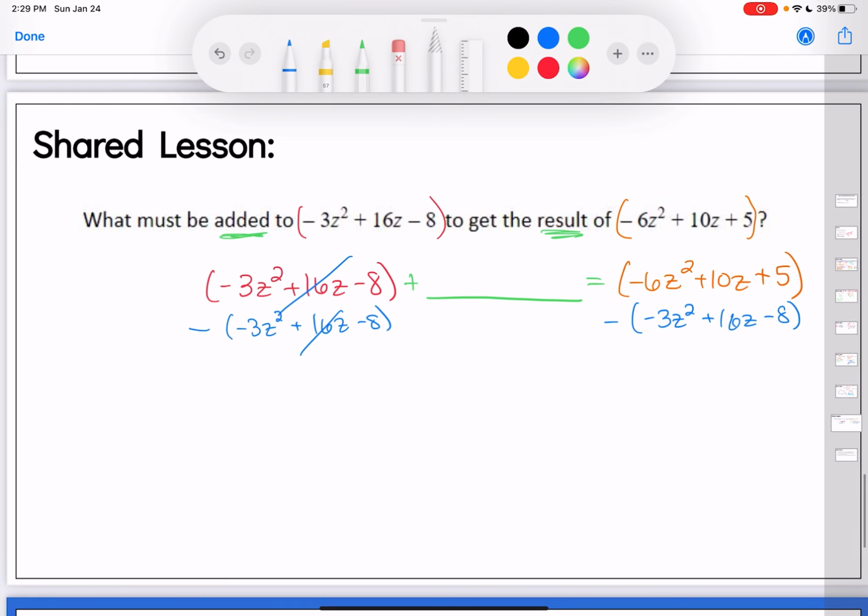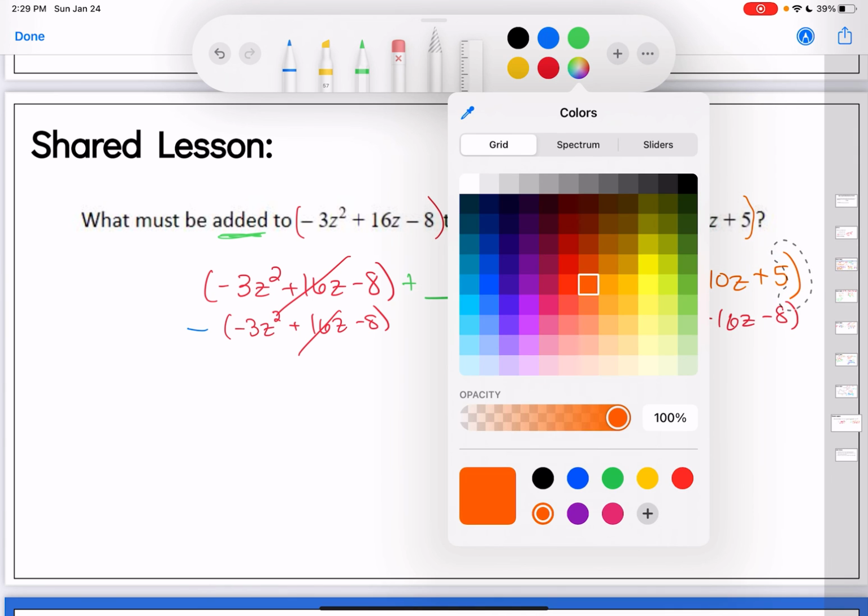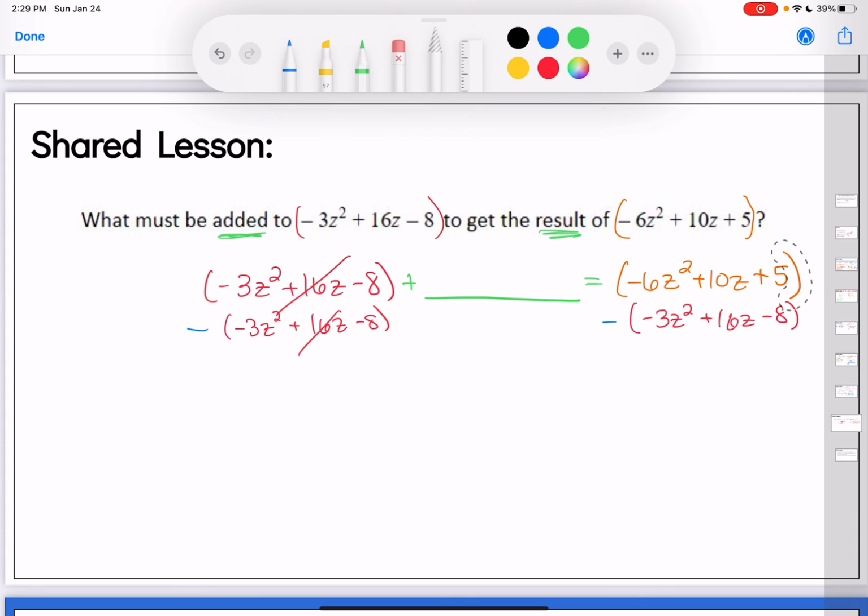Maybe I even want to turn this guy red so you can see that I'm really subtracting my red polynomial. So this is a different way of writing a subtraction problem. What must be added to this to get a result? Well, you want to subtract that so that you find out what you had to add to it, right? So it's kind of confusing, but I wanted to show you this way.